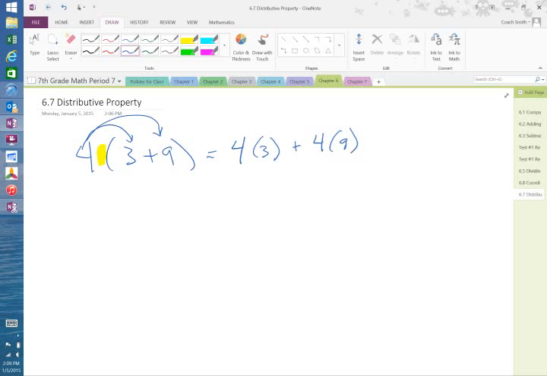Now, for our purposes, there will be two different things you're going to do today. You're going to show the distributive property, which is this right here. This is an equivalent expression.